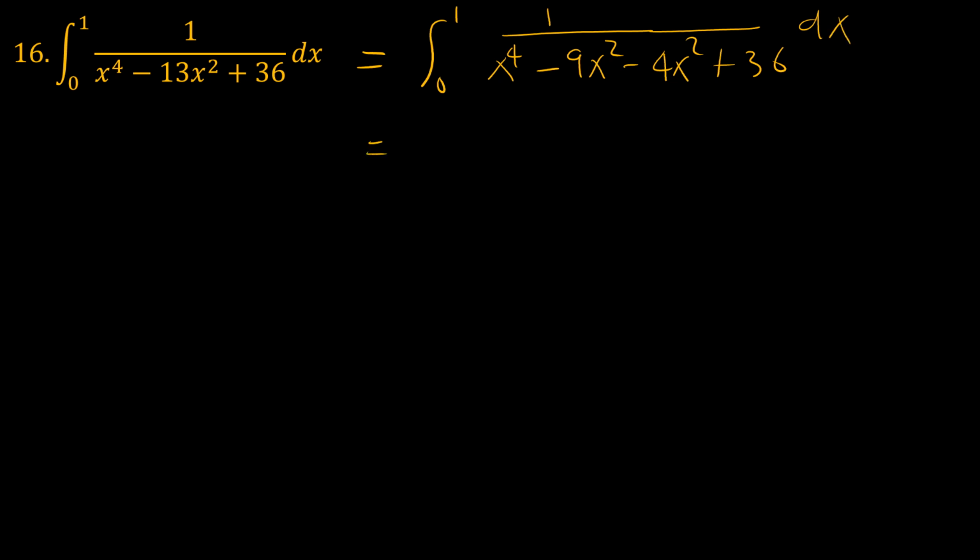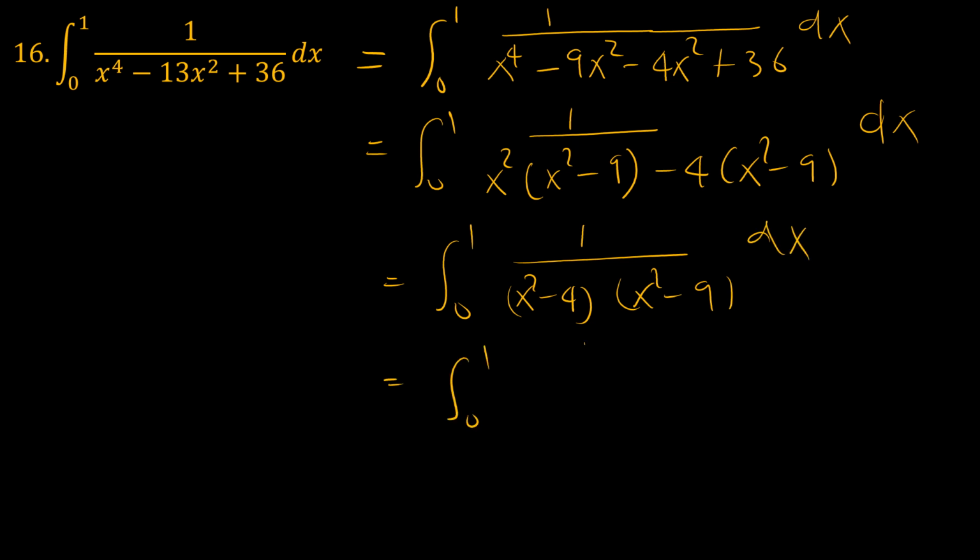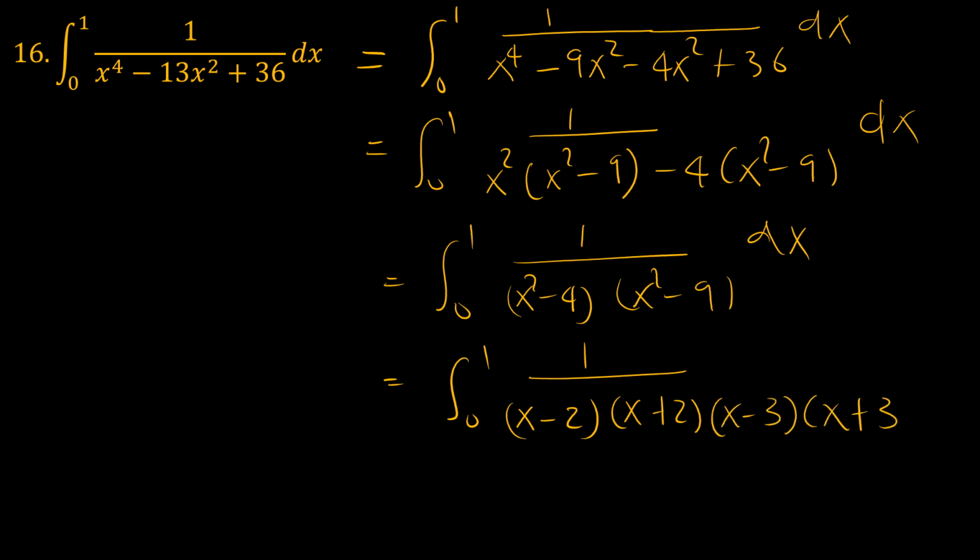And this means we have 0 to 1 of 1 over x squared out, x squared minus 9, minus 4 times x squared minus 9, dx, which is the same as 0 to 1 of 1 over x squared minus 4 times x squared minus 9, which is the same as 0 to 1 of 1 over x minus 2, x plus 2, x minus 3, x plus 3.